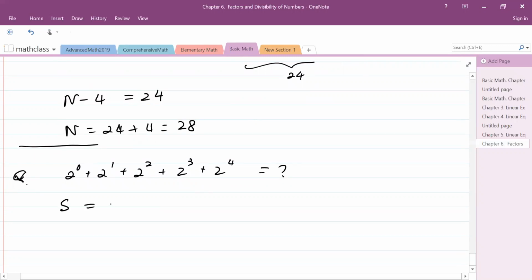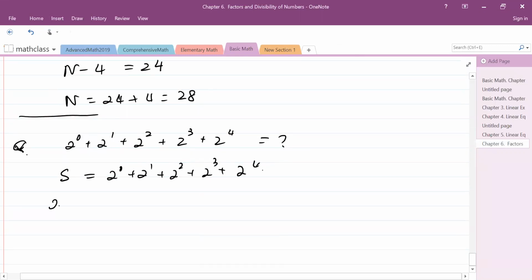The idea is you let them be the sum. What I'm going to do is multiply each term by 2. So I get 2 to the 1, 2 squared, 2 cubed, 2 to the 4th power, 2 to the 5th.